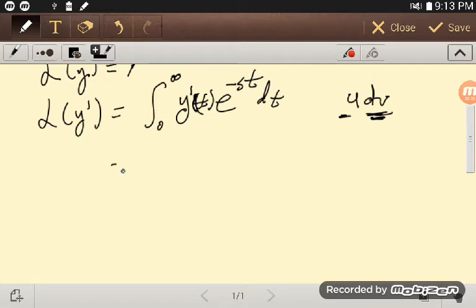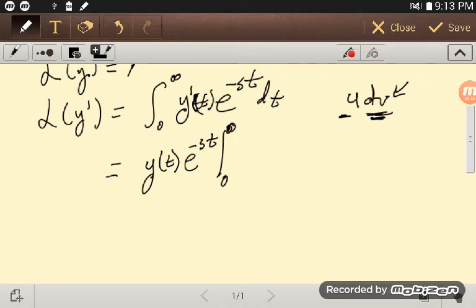With integration by parts, we integrate the dv. That's easy enough. The antiderivative of y prime is y, so we get y of t e to the negative st, and we have to evaluate that from 0 to infinity, or look at the limit as we go to infinity.